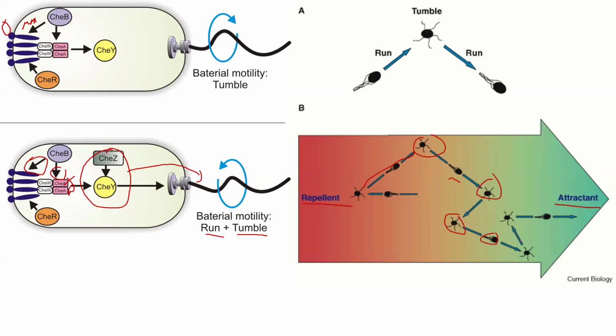You run, tumble, and then run, and as you get closer to your repellent or your attractant, these would be plus methylation, and again, plus methylation, in order to become more sensitive to the ability to receive those attractant and repellent molecules.